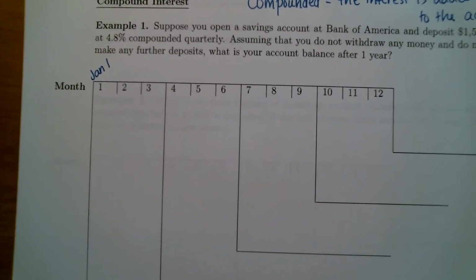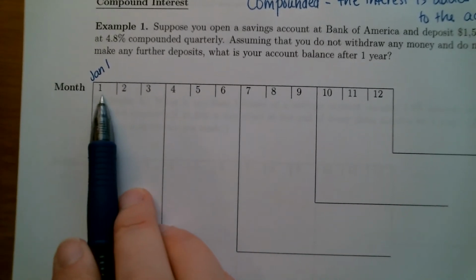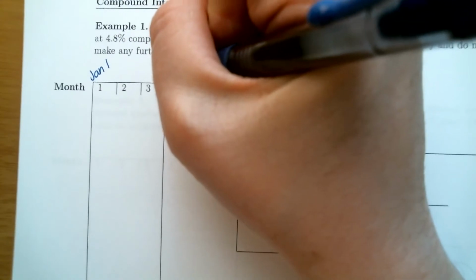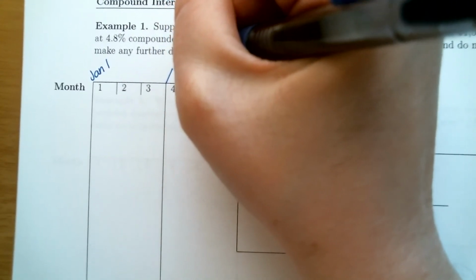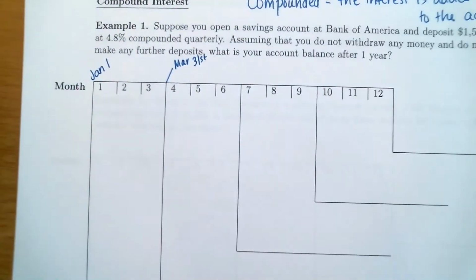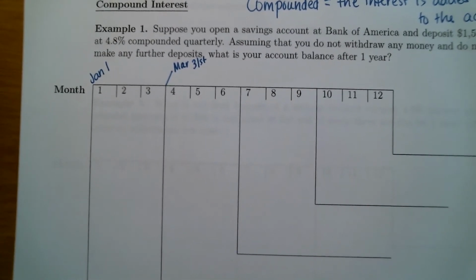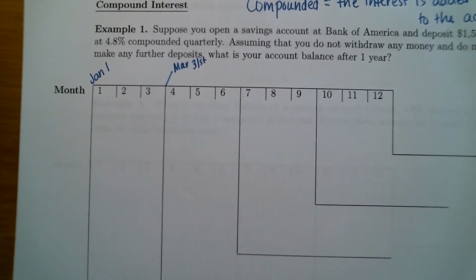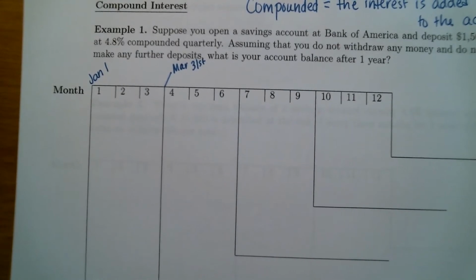That might be January 1st, and then the 3 months pass, and that brings you, this is January, February, March. This might be the end of March, so you're thinking March 31st here. Again, it doesn't have to go from January 1 to December 31st, but we're just assuming that here for visual purposes for me explaining this to you for the first time.